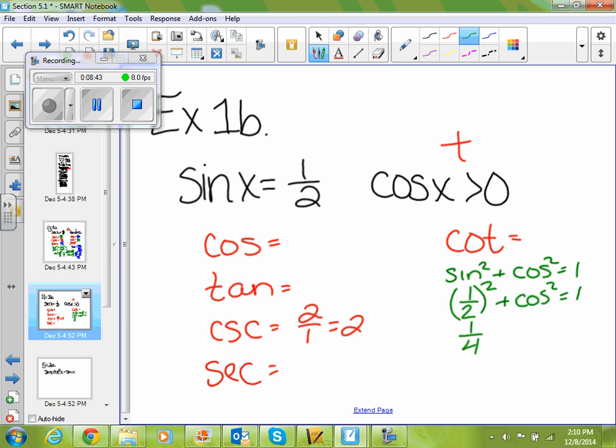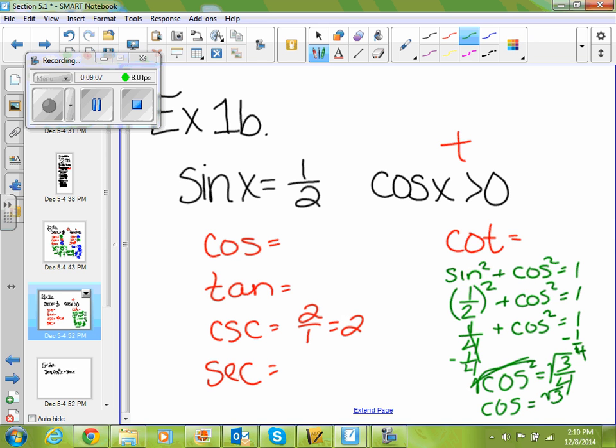So 1/2 squared is 1/4 plus cosine squared equals 1. If I subtract 1/4 from both sides, then I end up with cosine squared equals 3/4. And if I square root both sides, cosine equals the square root of 3, and the square root of 4 is 2, so square root of 3 over 2.